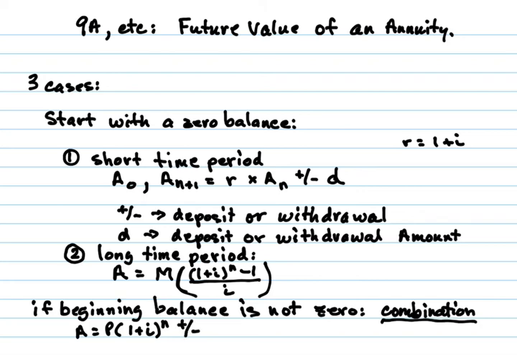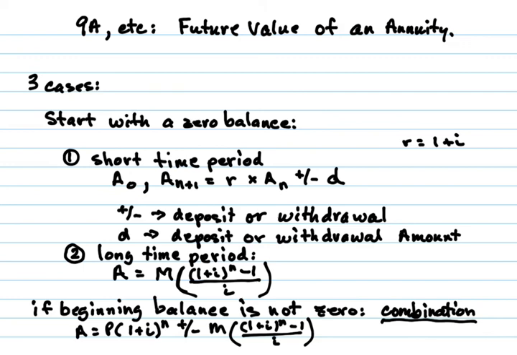We're still going to have plus or minus. Plus if you're in the deposit stage, minus if you're in the withdrawal stage. And the rest of it is the future value of the annuity. So M times 1 plus I raised to the nth power minus 1, all divided by I, close your bracket.